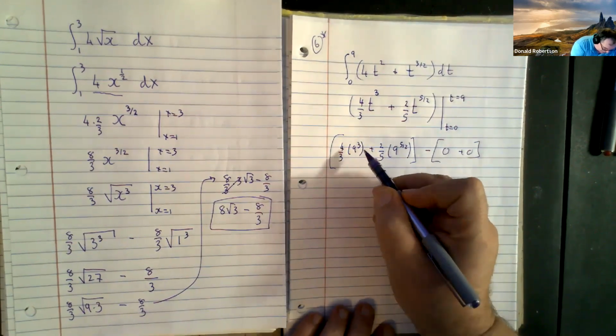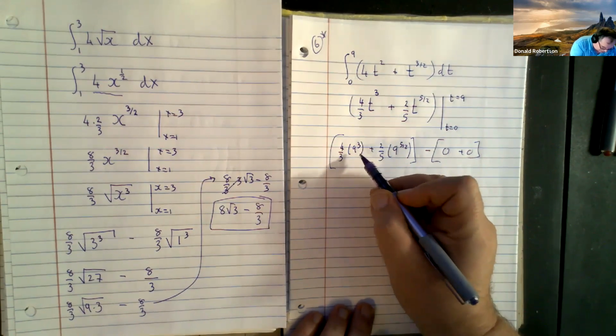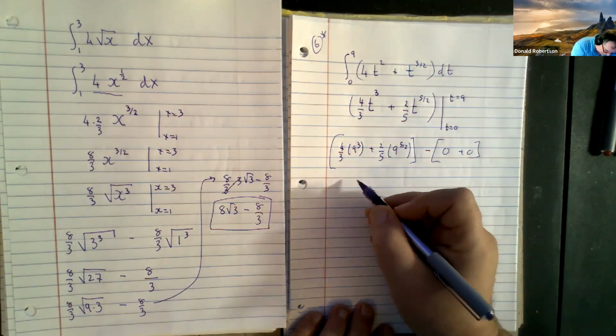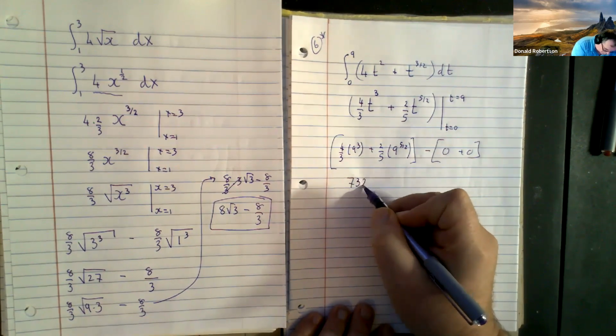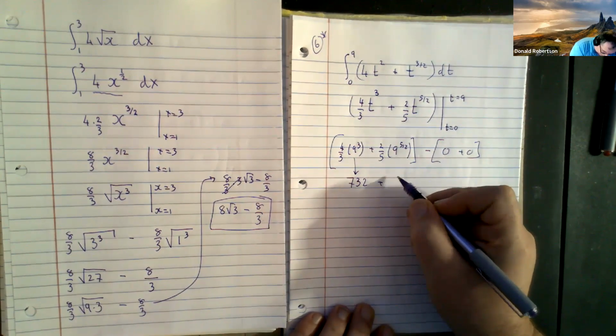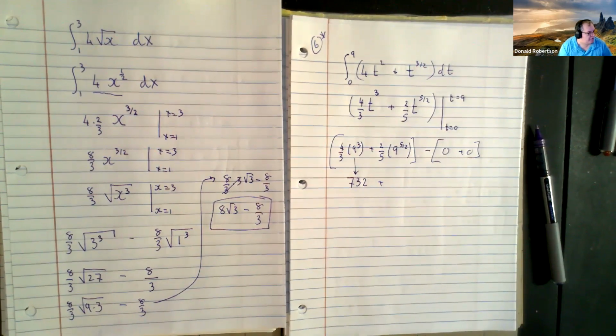Now, if you do this, 9 times 9 is 81, and 81, 9's cancel. 3 81s, 12 81s, 720, 732 is what this guy gets you. This fella here, well, if you do 9 to the power of 5 halves, which I am now about to do, because I'm pretty sure it's a nice number, and I'm doing it on the calculator, so you just trust me on this. 9 to the power of brackets 5 halves.